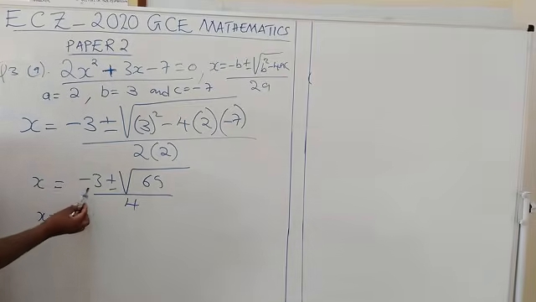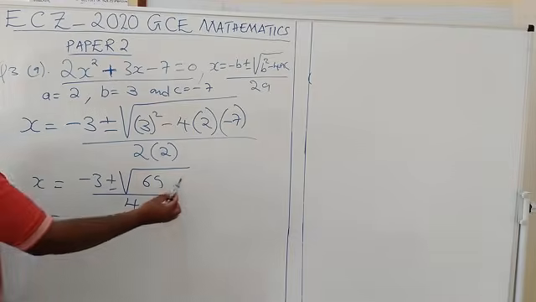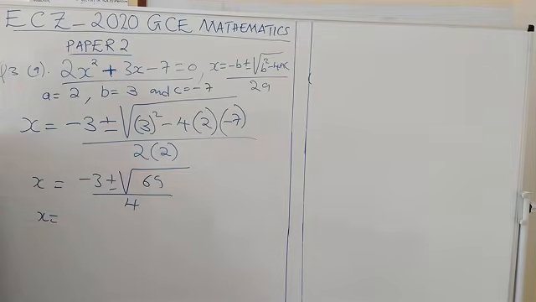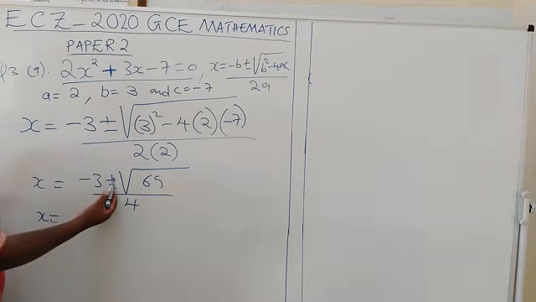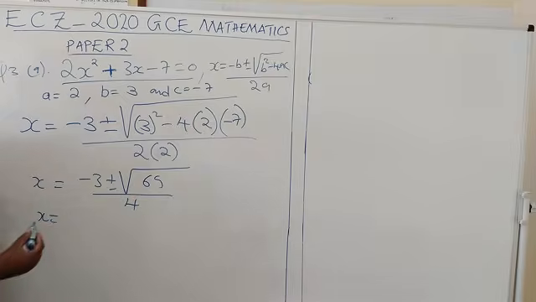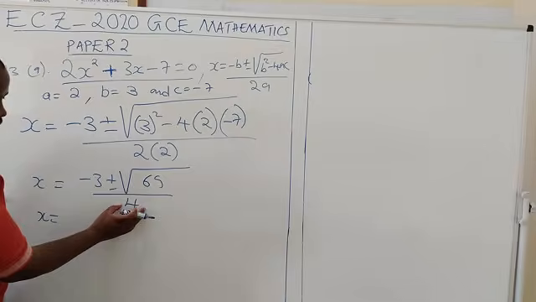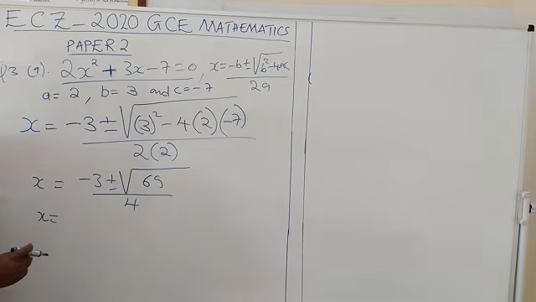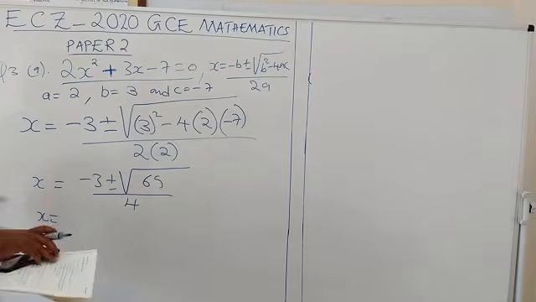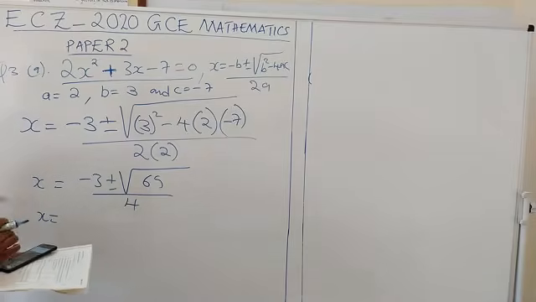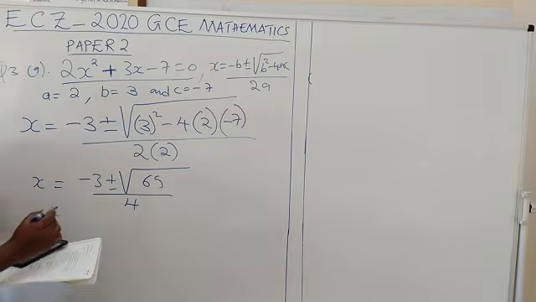So you are going to say negative 3 plus the square root of 65, negative 3 plus the square root of 65. Then that answer that we find, we divide it by 4 direct. So the answer here is 5.0622577483.